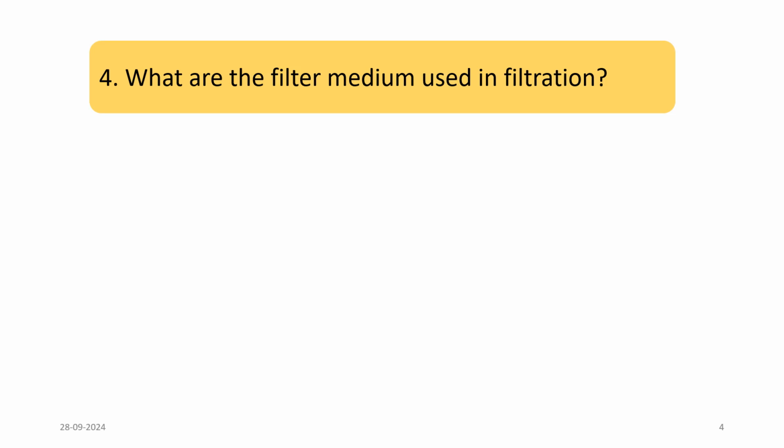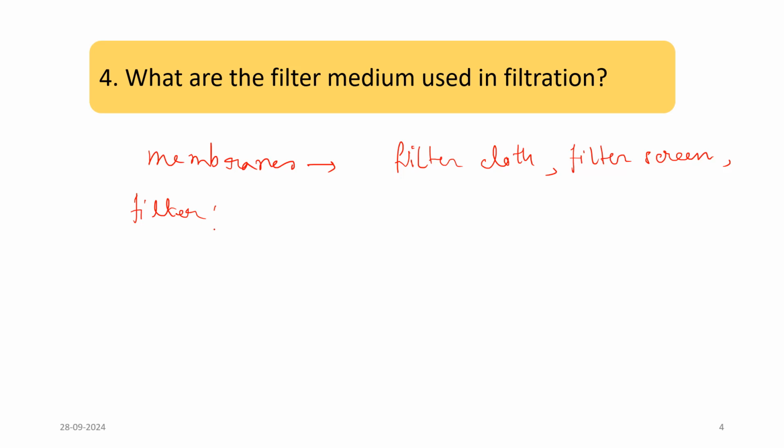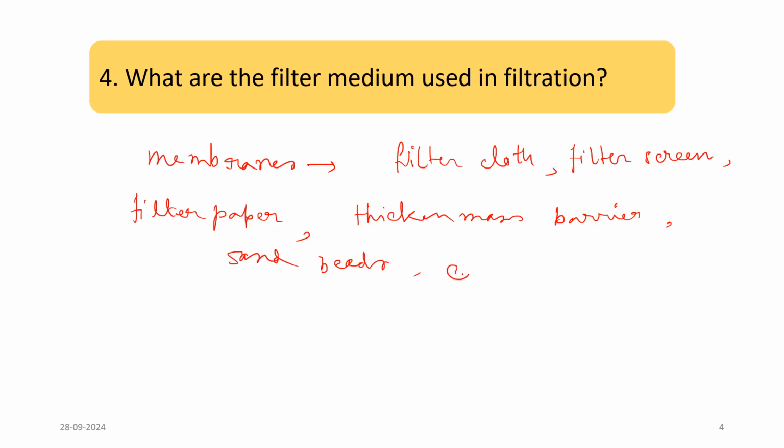As a filter medium, different types of membranes are used, such as filter cloth, filter screen, common filter paper, thickened mass barrier, sand beds, oak beds, porous ceramic, and porous metal.